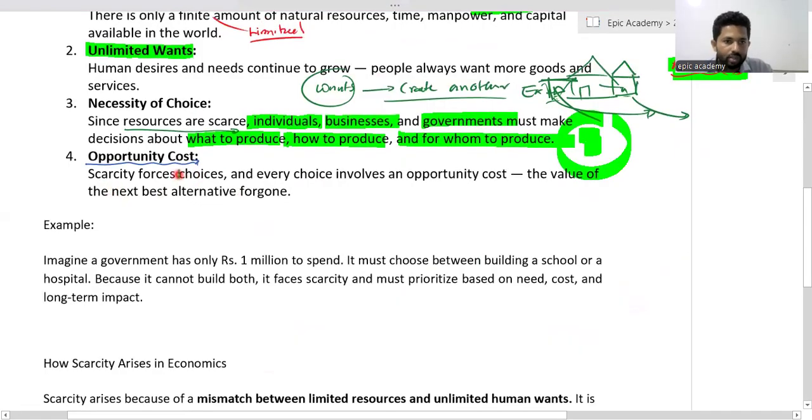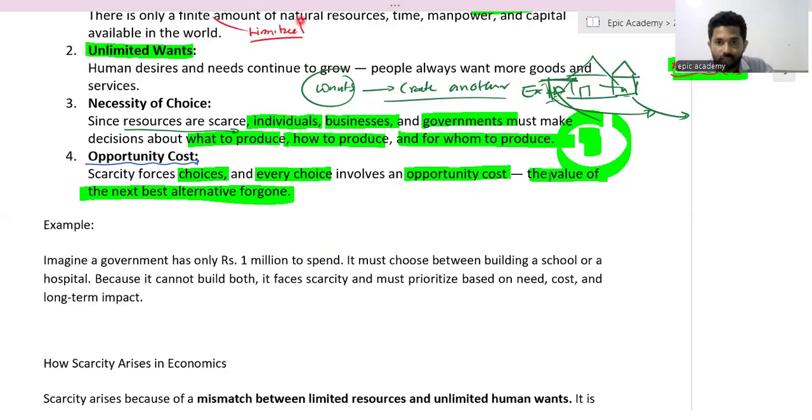Scarcity forces choices, yes, we know that, between cake and bread. And every choice involves opportunity cost: the value of the next best alternative. Try to understand this one, it is very essential.